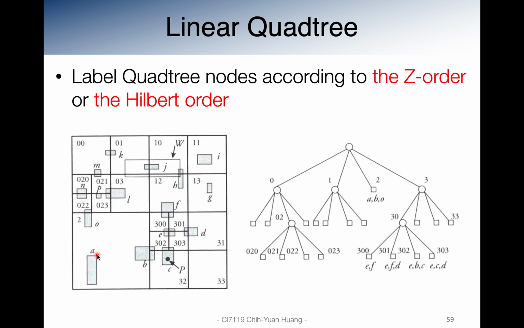So it handles A, B, and O. But 0, 1, and 3 have other children nodes.